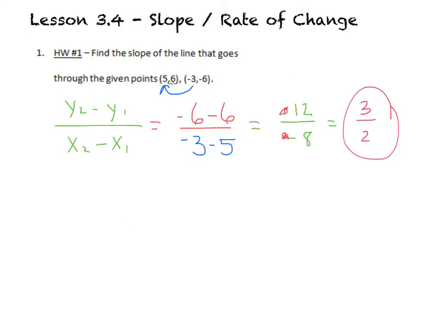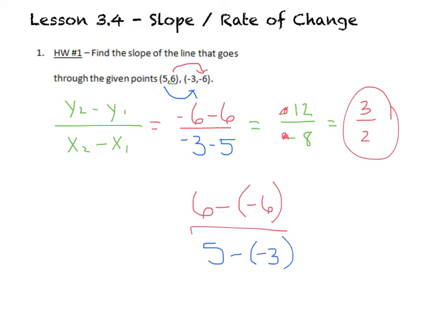So let me erase this. If you go the opposite direction, and what I mean by opposite direction is if you'd like to subtract the y's in this order, so if you wanted to go 6 minus -6 over 5 minus -3, that is perfectly acceptable.